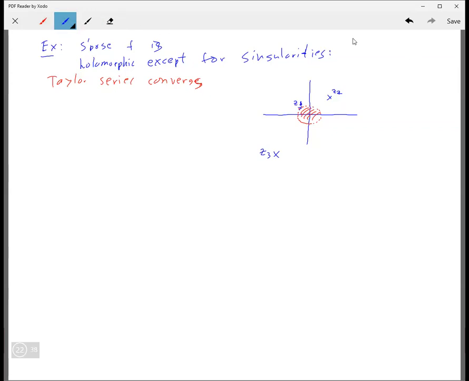And let's say that R1 equals the modulus of z1, R2 is the modulus of z2, and R3 is the modulus of z3. So those are the singularities. It converges everywhere else. So this Taylor series converges for modulus of z less than R1.